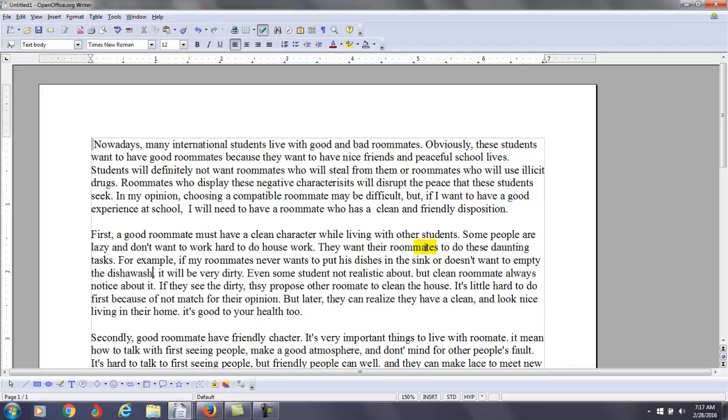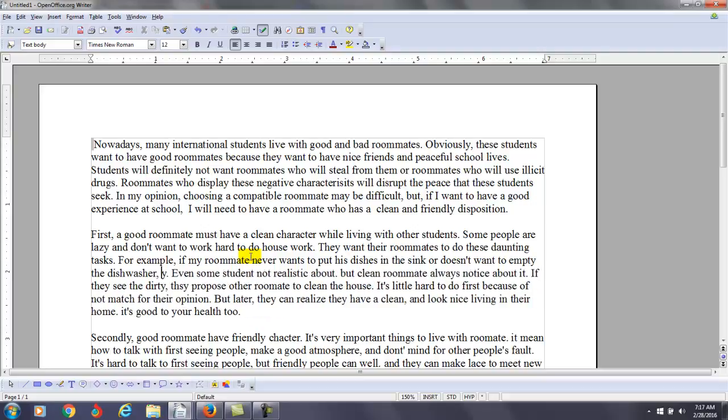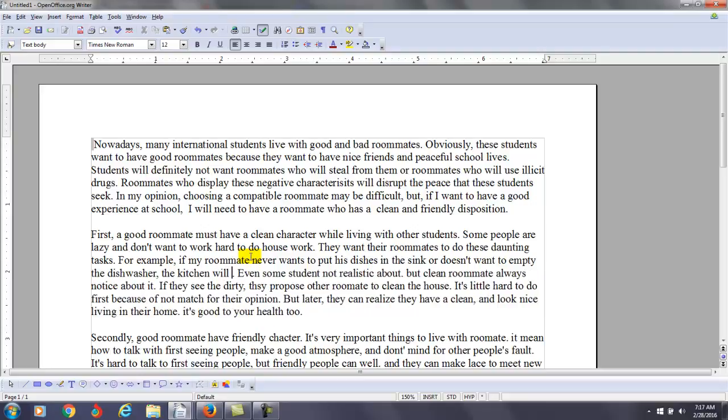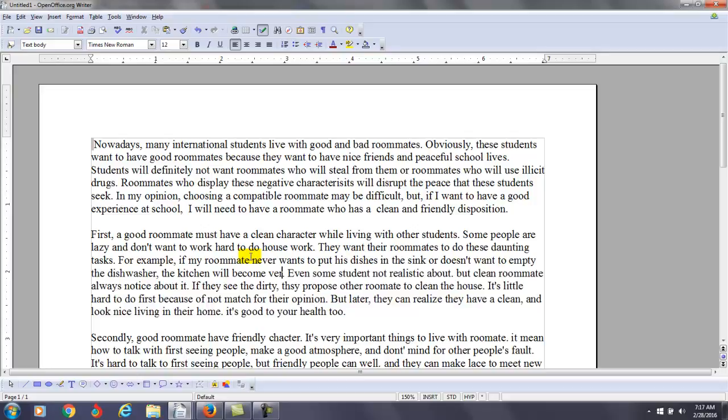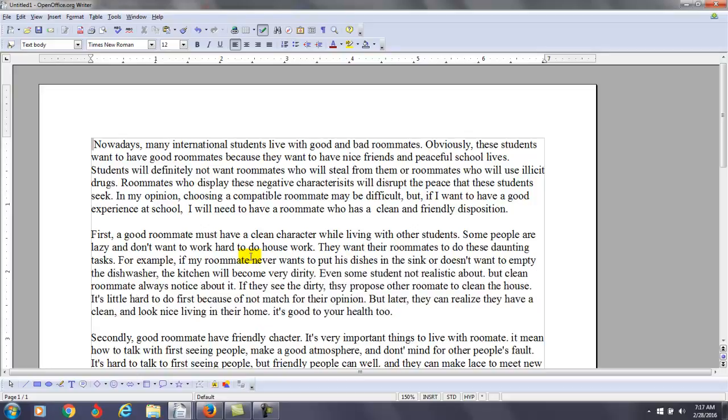I'm trying to give you a little bit more specific development here. So, for example, if my roommate never wants to put his dishes in the sink or doesn't want to empty the dishwasher, we'll say the kitchen will become very dirty.